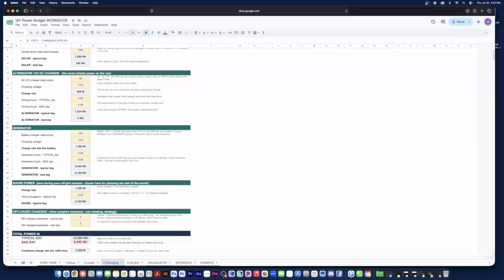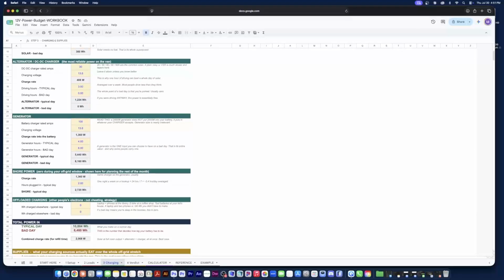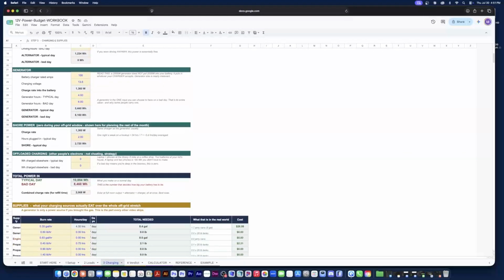So my charge rate into the battery is going to be 1,360 watts per hour, 4 hours a day on a typical day, 6 hours on a bad day if I have to run it a lot. And these are the watt hours I can put in with a generator. So anywhere from 5,400 to 8,100.